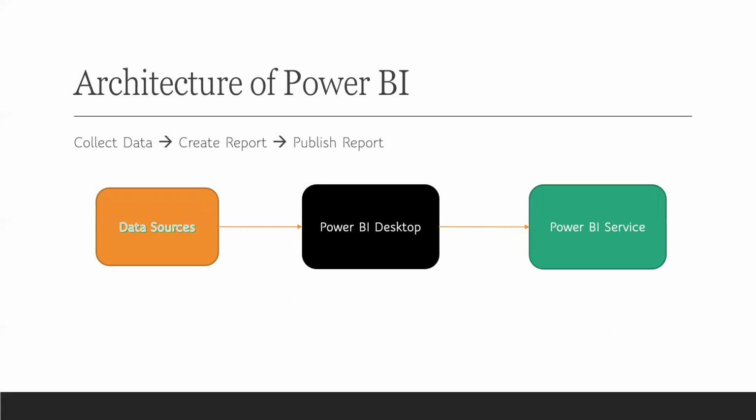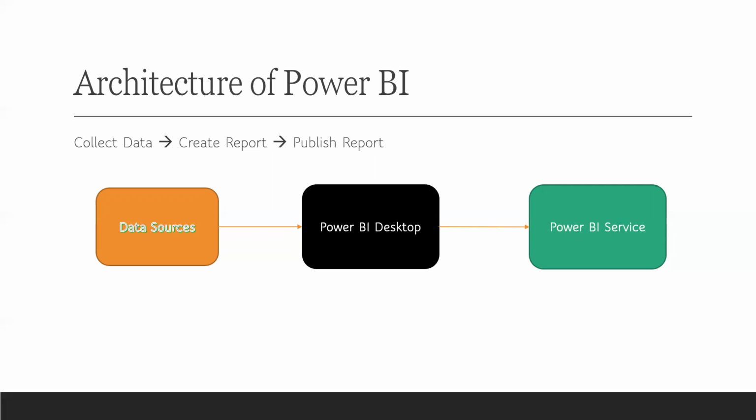So the architecture of Power BI: as a developer, designer, or business analyst, there are 3 tasks we do at a very high level. You collect the data, then create a report, and publish the report.